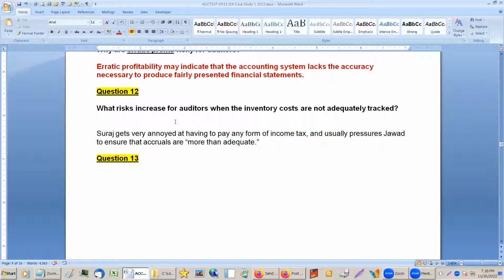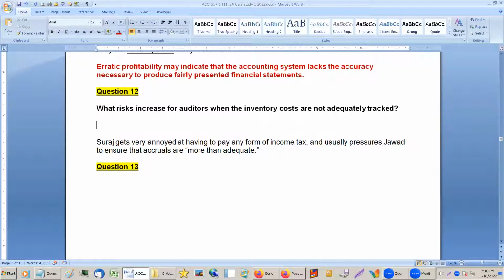Okay, and when inventory costs are not adequately tracked, what risks increase for auditors?